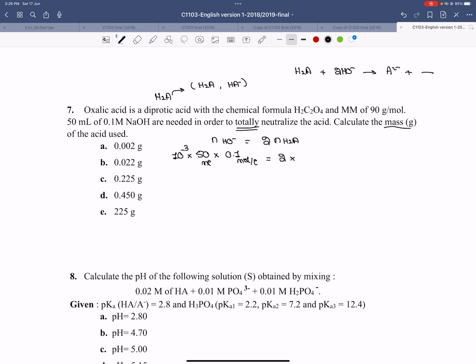It's right there. So it's the mass by the molar mass. Simply solve the equation because you have only one unknown and you should be able to get the mass.